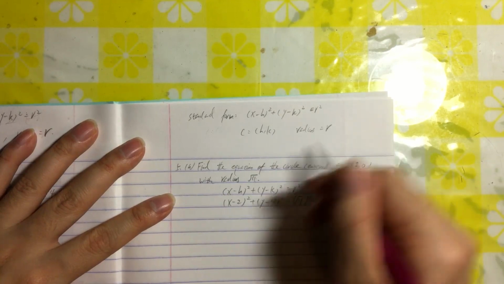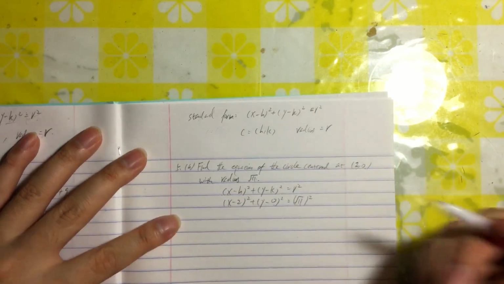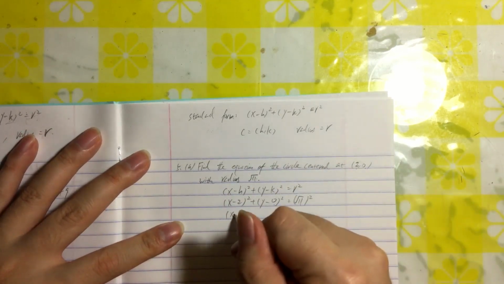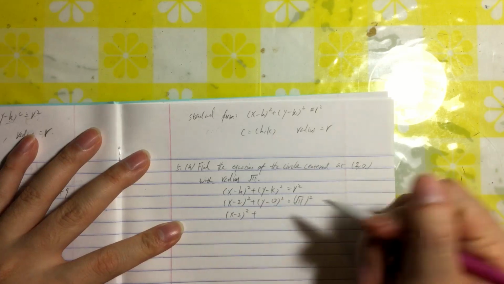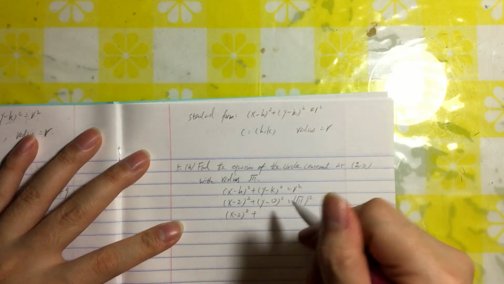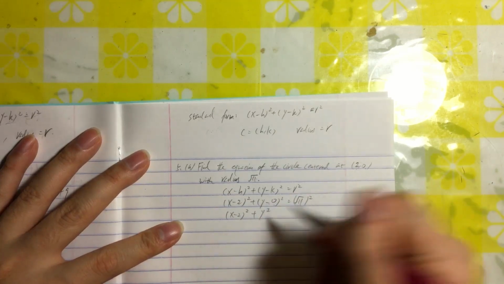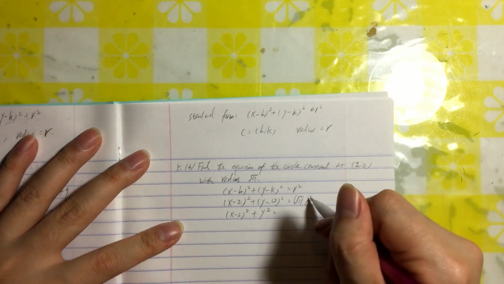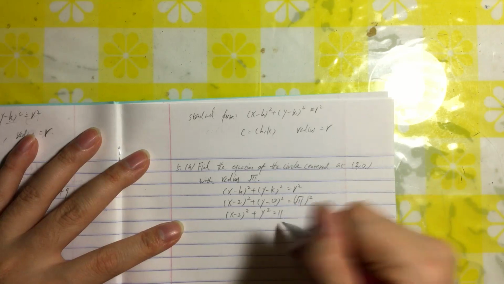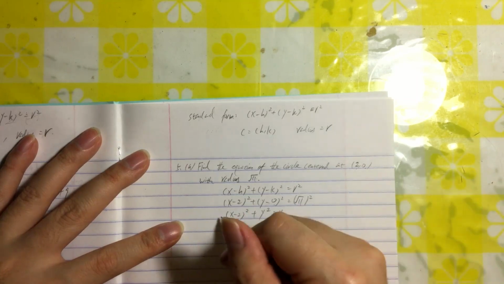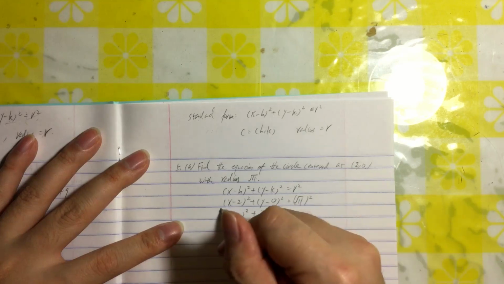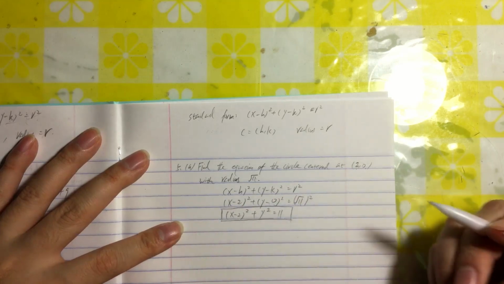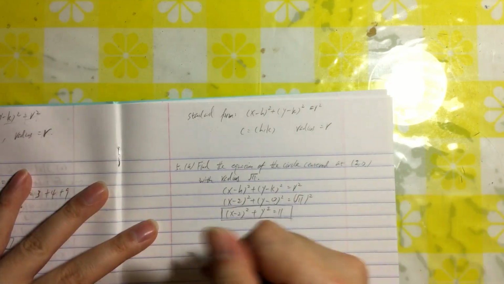The radius is r, so r is square root of 11. Then simplify. I get x minus 2 squared plus y minus 0, which is the same as y, so I get y squared. The square cancels the square root, so the answer is 11. So that's the standard form of the equation of the circle. That's the answer to part A.